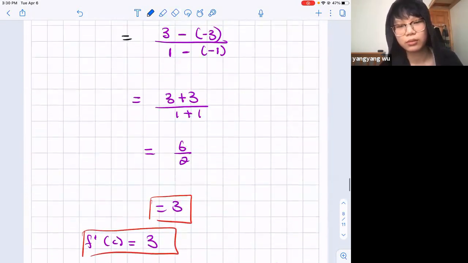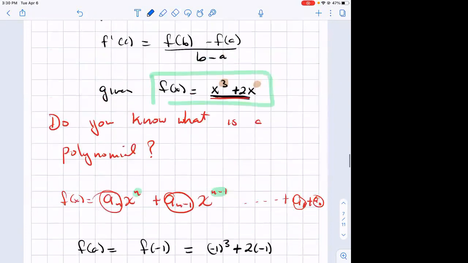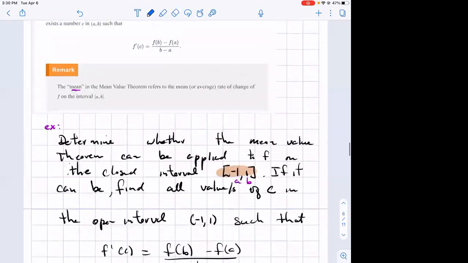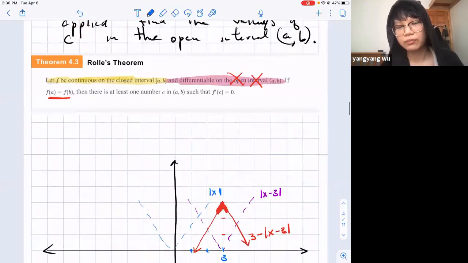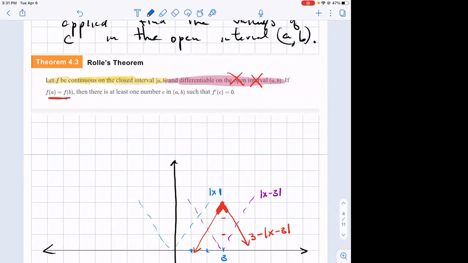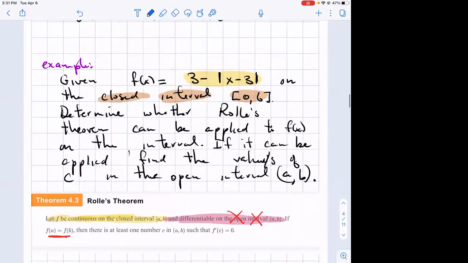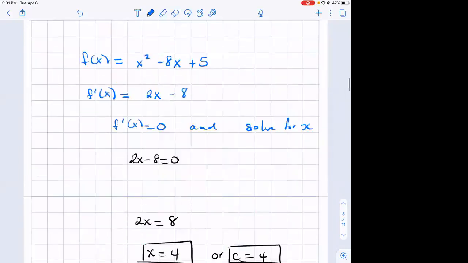No, it has to be equal. f(a) has to be equal to f(b). But if the interval the question gives me is not equal? Well, the interval doesn't have to be. Look at this interval.